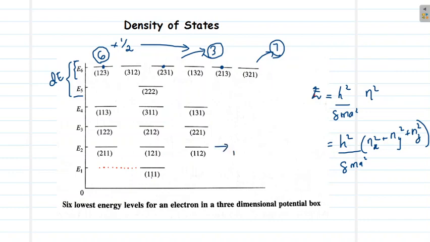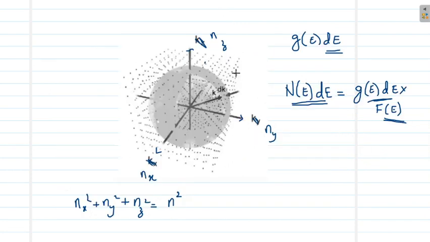For this combination, N square is a constant. For this configuration, Nx square plus Ny square plus Nz square, which is N square, is a constant, and so on. So, if we choose one particular value of N square, then for that value, Nx square plus Ny square plus Nz square will be a constant.